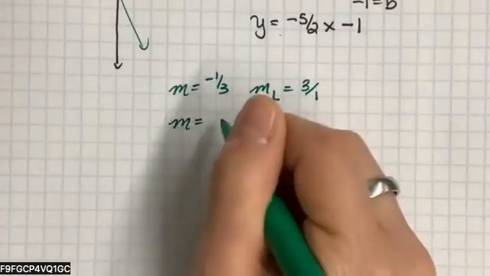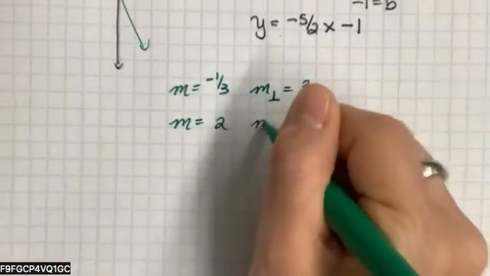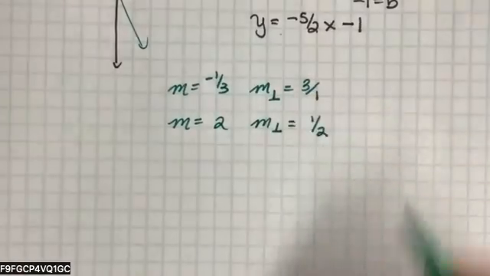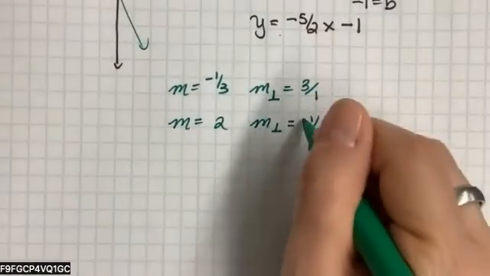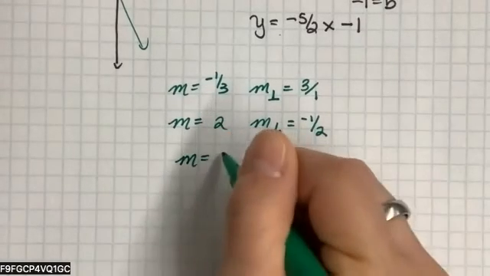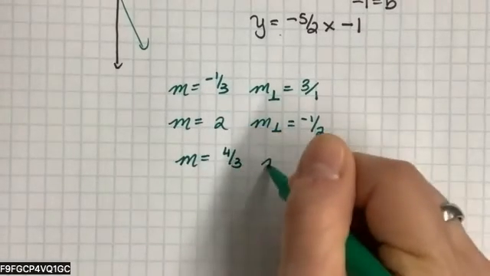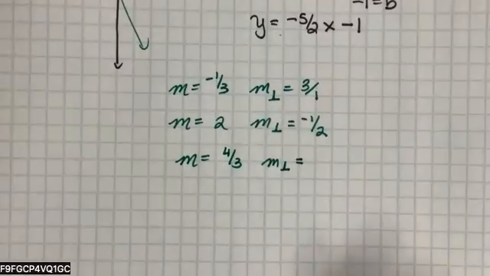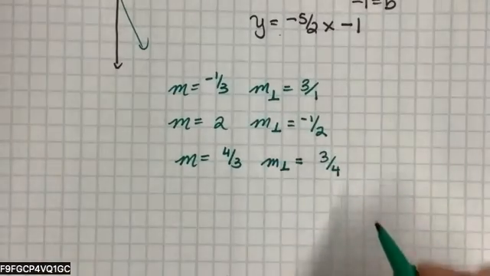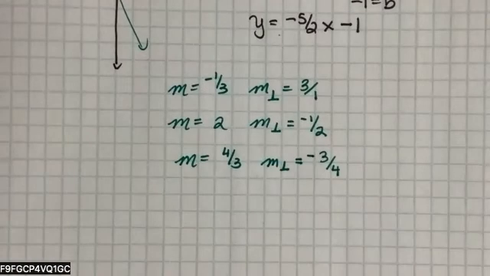If the original slope was 2, the perpendicular slope would be to flip to 1 over 2 and switch to negative. If the original slope was 4/3, the perpendicular slope would be to flip to 3/4 and switch to -3/4. That's how we would find a perpendicular line.